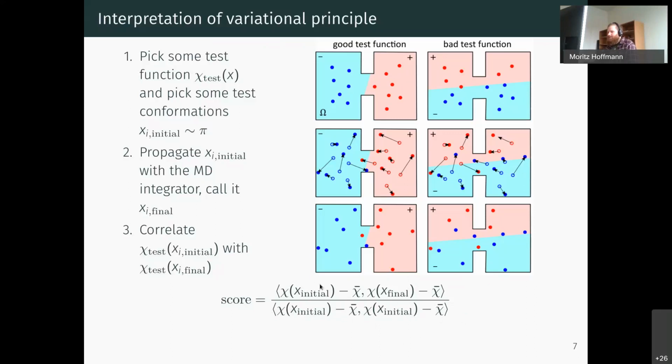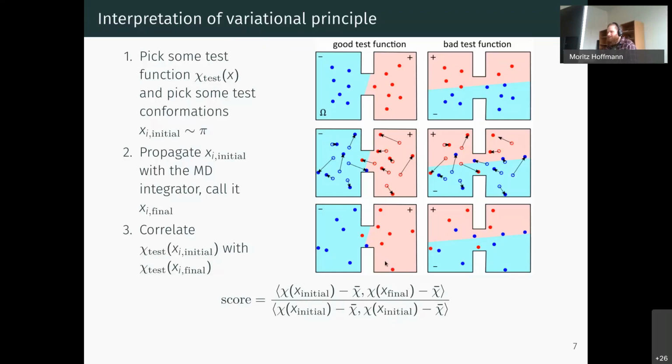This part is more interesting because this is the correlation between chi of x initial and chi of x final. And how well does it correlate? This is the question that you have to ask yourself. How well does it correlate in time after propagation? And if we have a good test function, one that separates the slow modes, then this will correlate very well.